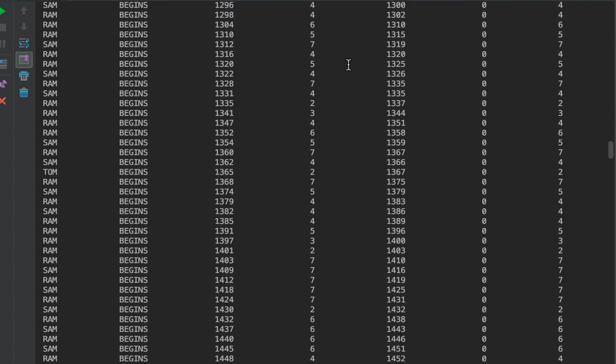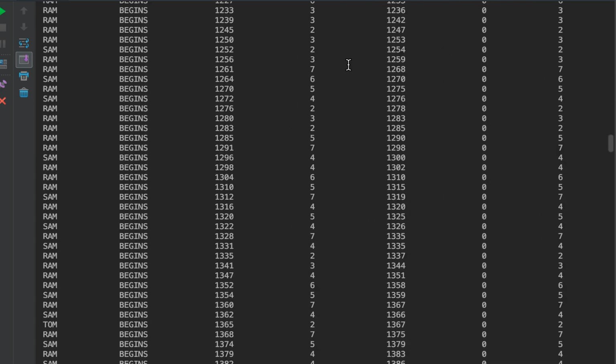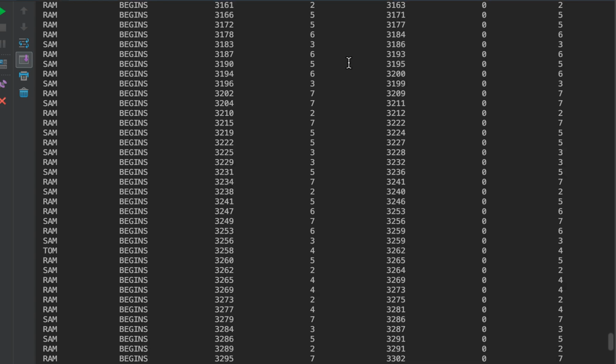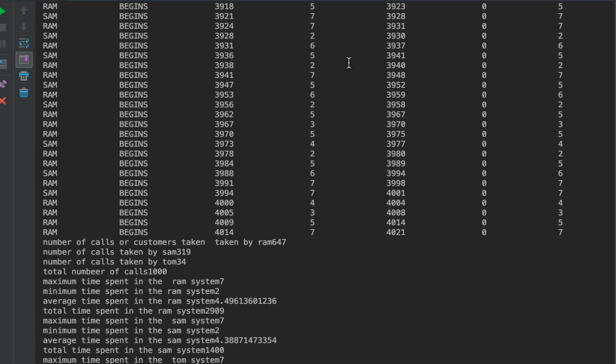You can see here the server simulation. However, you're not going to see much of caller delays. This is the actual simulation. Let us see the analysis of this model. You can also see the total number of calls taken by RAM is 647, by SAM 319, and by Tom 34. The analysis is the same as before.